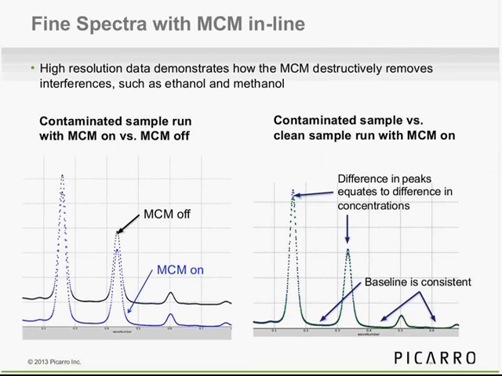But if you have trace amounts of ethanol or methanol or other plant compounds, you can use this to remove that isotopic interference. Here are some examples of what a spectrum looks like with the MCM off versus on, and likewise what happens if you run a clean sample versus a contaminated sample using the MCM. You'll see that with the MCM on, your baseline features are consistent between your clean and contaminated sample.